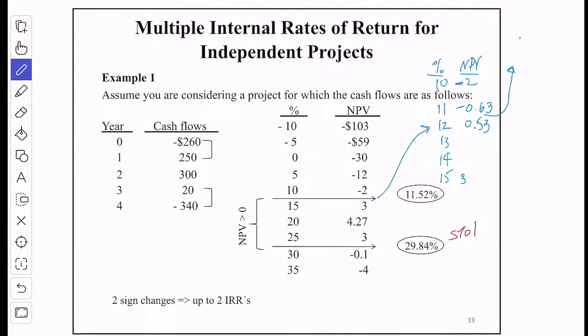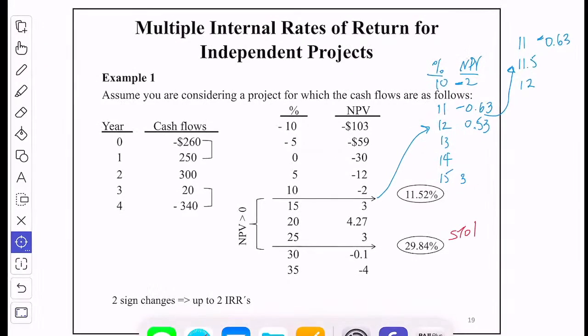So I can expand 11. I could go 11.5 to 12. So this one was negative 0.63. So I need to determine if I need to go in between here or in between here. So let's put 11.5 in. That will also be a negative, given the answer that I have.